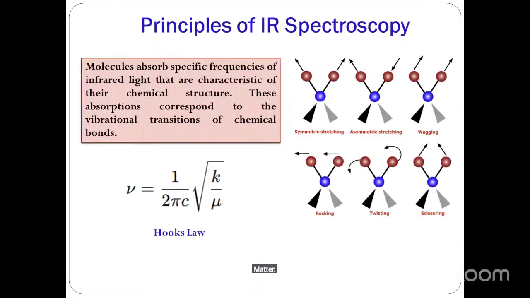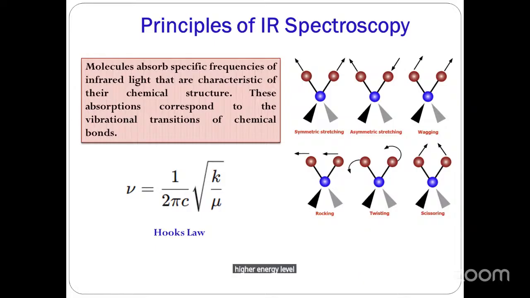Now, as I told you, there is an interaction of infrared radiation with matter. What do these interactions give? Whenever infrared radiations interact with the sample, there is a vibrational transition from a lower energy level to a higher energy level.